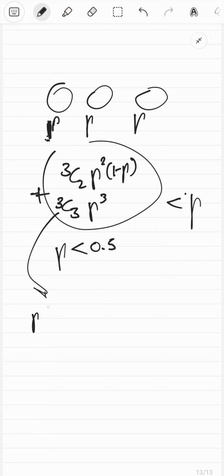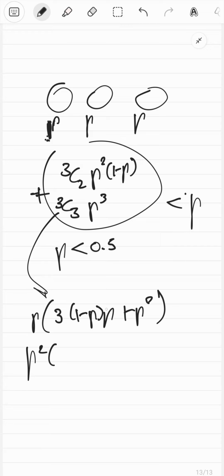This is p squared times (3 choose 2 is just 3, times 1 minus p, plus p). So it's basically p squared times 3 minus 3p plus p, which is 3 minus 2p.